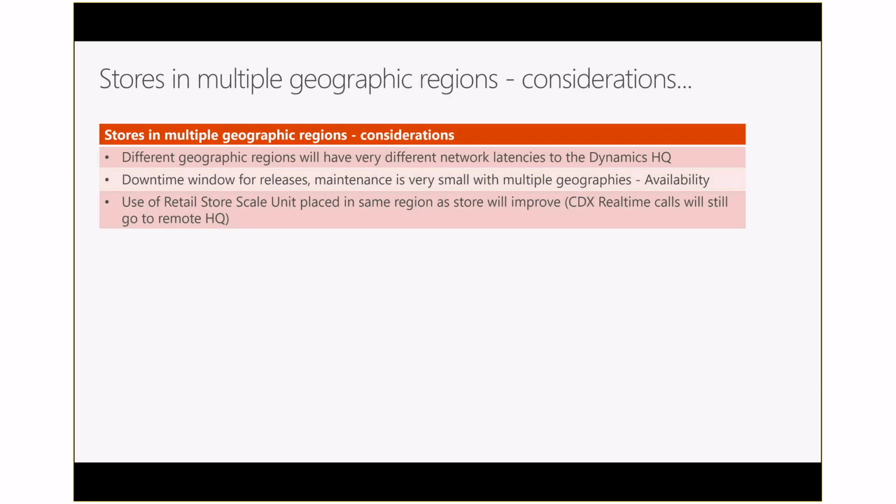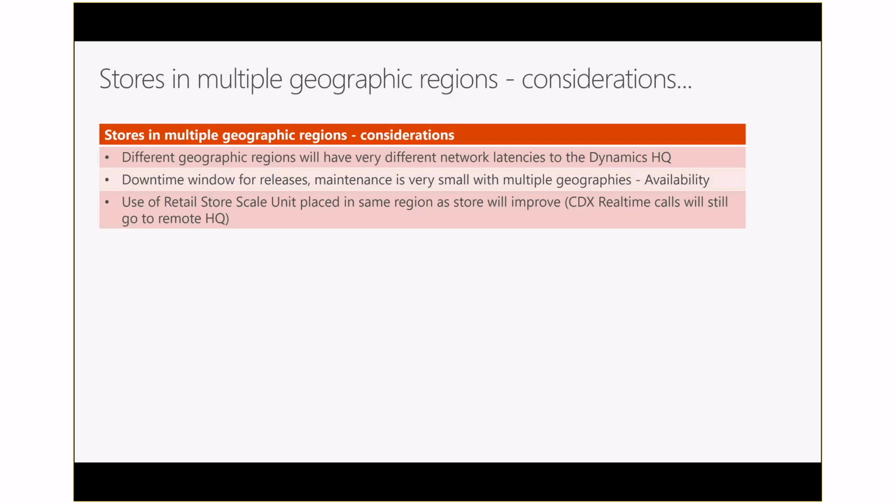Another important thing to look into is multiple different geographic regions. We have customers that have different operations on different continents, and it is quite common to see latency of 200 to 300 milliseconds between those regions, which makes it quite noticeably slower, let's put it that way, for some of the operations in the POS client if retail server is overseas.